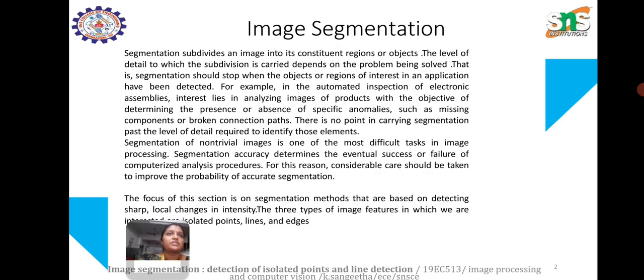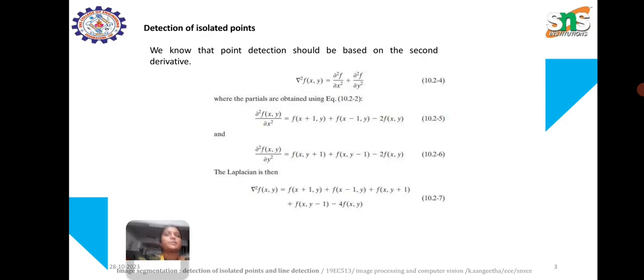This method relies on detecting discontinuities in the image intensity. Region-based segmentation, clustering-based segmentation, model-based segmentation and deep learning-based segmentation are the other types of segmentation. And the main applications of image segmentation are medical imaging.